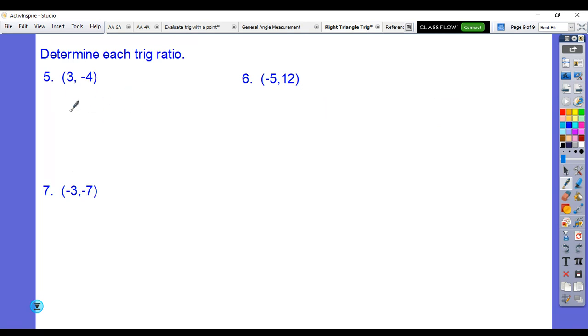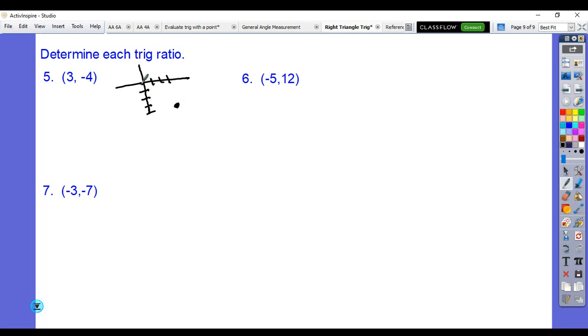All right, so I'm going to make a little triangle. Here, let me move that up a little bit. So I'm going to make my graph, and I'm going to graph +3, -4. That point is in the fourth quadrant. Sorry, with my slate, it's always crooked, so I apologize for that.